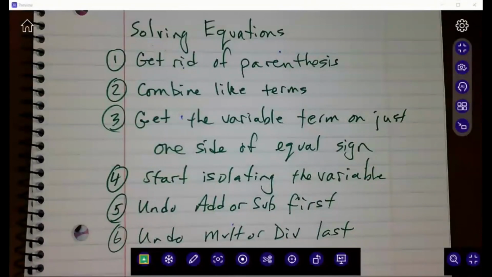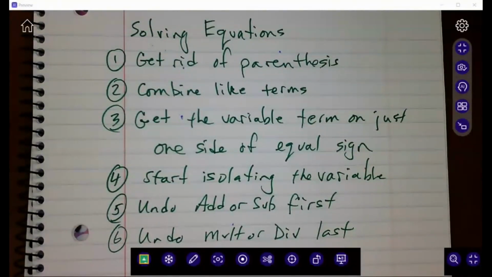Then once we do that, you'll possibly have a variable on one side and a variable on the other side. If you do, we've got to have the variables on the same side. So we're going to have to get rid of the variable term on one side or the other.